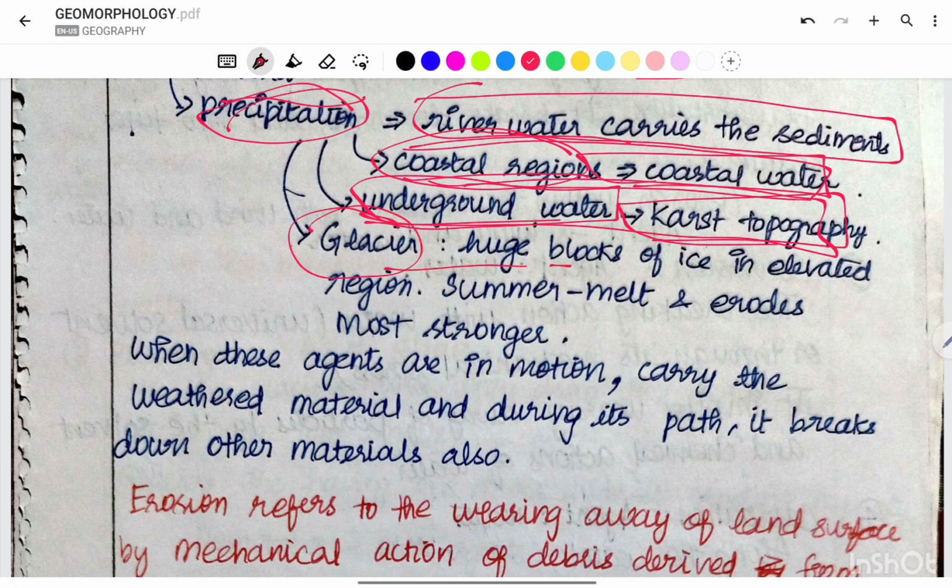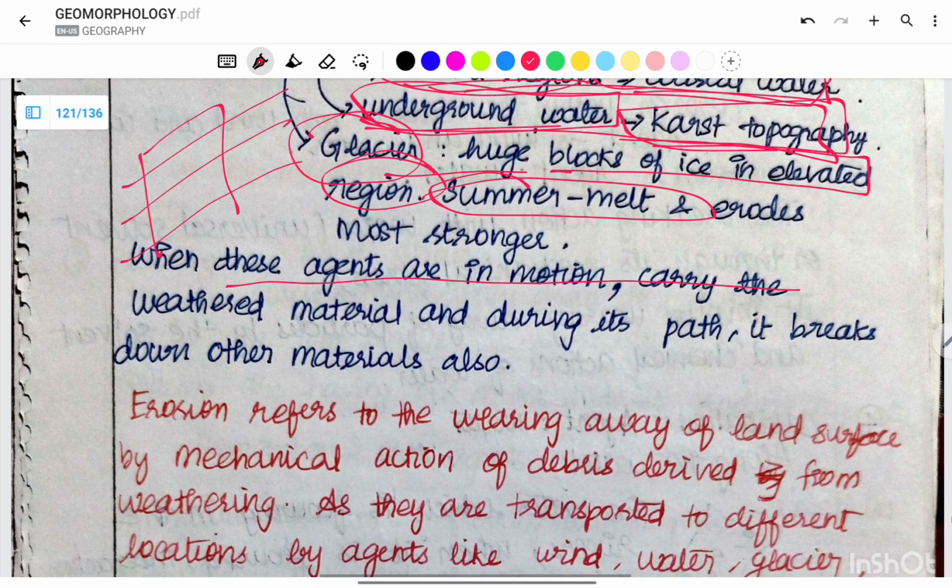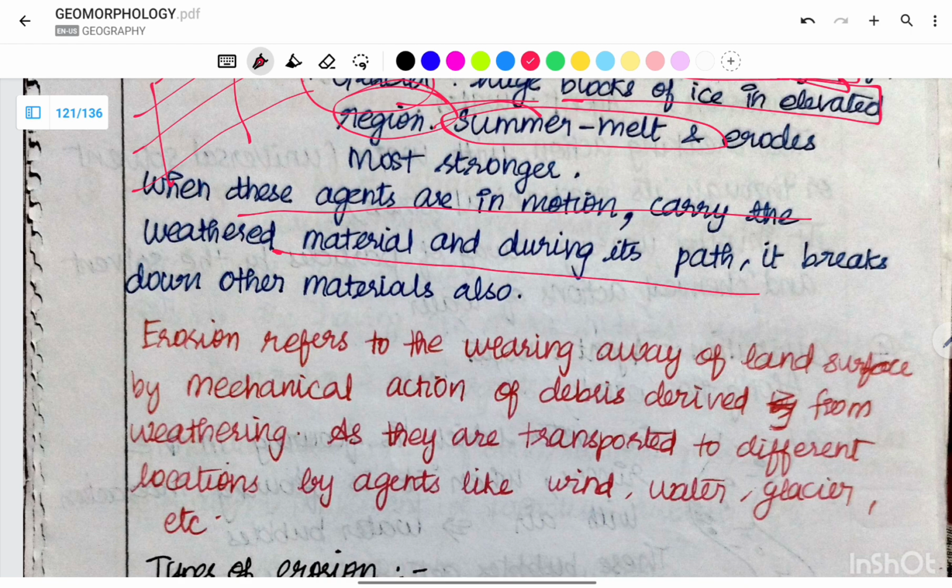What is a glacier? A glacier is a huge block of ice in an elevated region. This ice melts in the summer and erodes most of the region. These agents in motion carry the weathered material, and during its path it breaks down also.